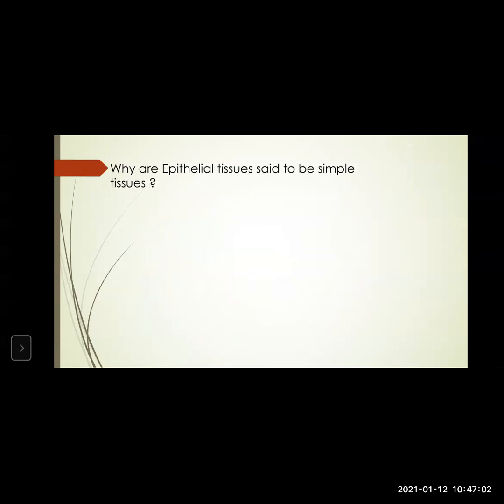Now, why are these epithelial tissues said to be simple tissues? We have discussed different types of epithelial tissues which are made up of only one single cell type, that is, cuboidal cells or columnar cells or polygonal cells.